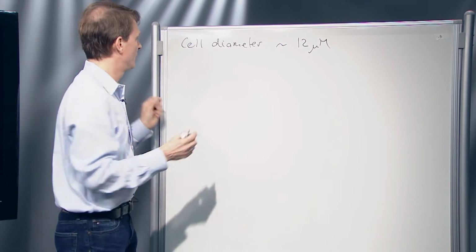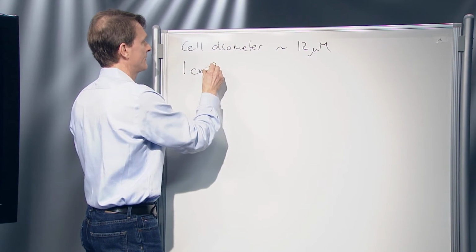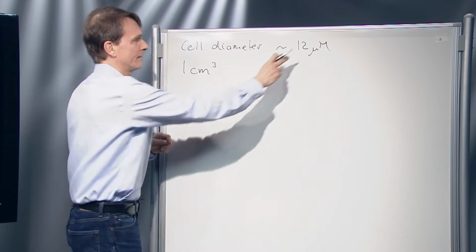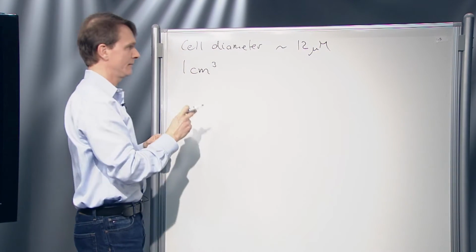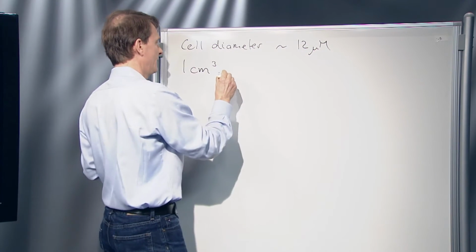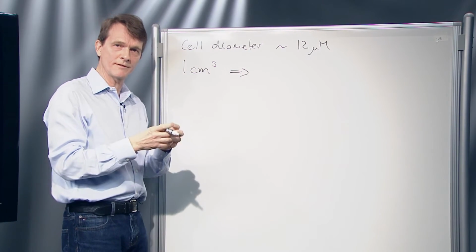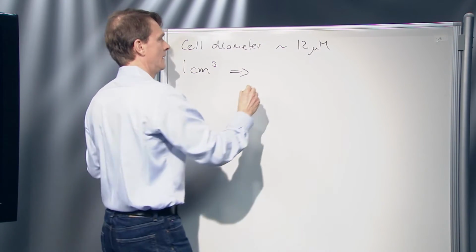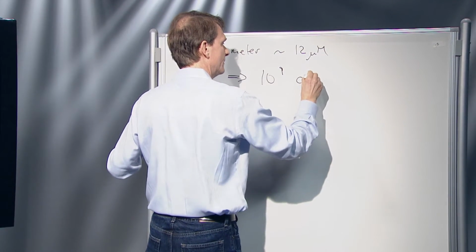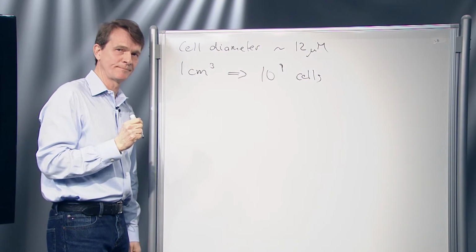The tip of your thumb is approximately 1 cubic centimeter. And without going through the conversion of this one-dimensional metric to this three-dimensional metric, I'm just going to tell you that 1 cubic centimeter of tissue where the cells are densely packed is no less than 10 to the 9 cells, or a billion cells.